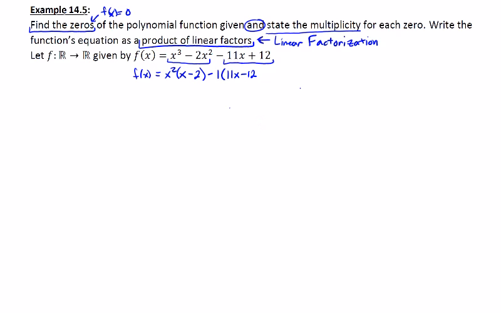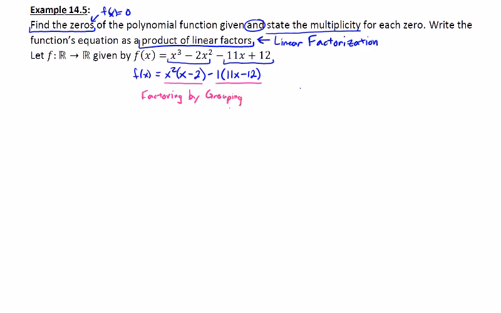Because none of the factors in x squared times x minus 2 match any of the factors in -1 times 11x minus 12, the factoring is going to break down. You're not going to be able to take this technique any further. So in other words, factoring by grouping fails.